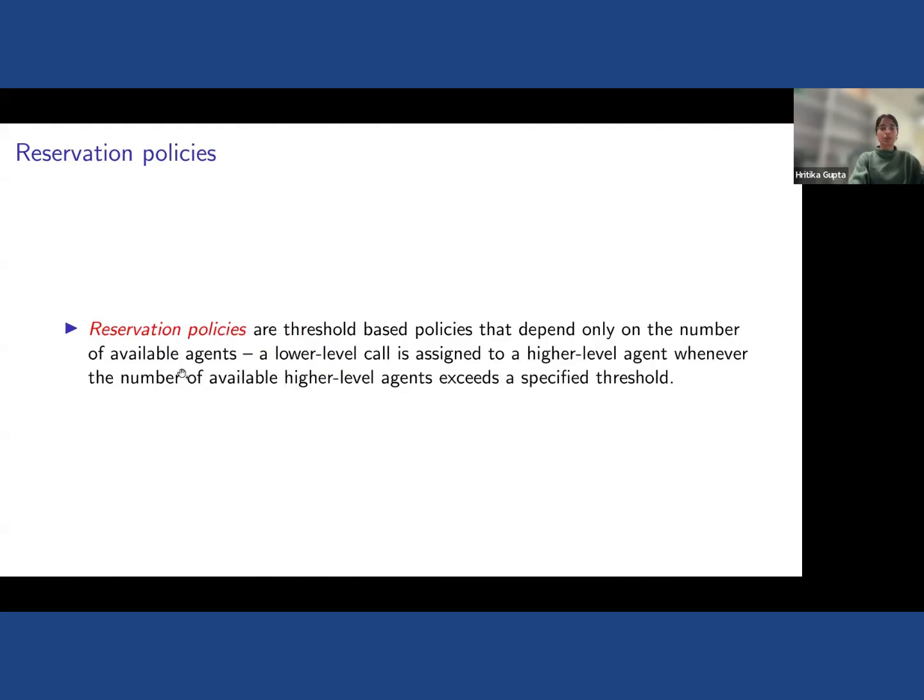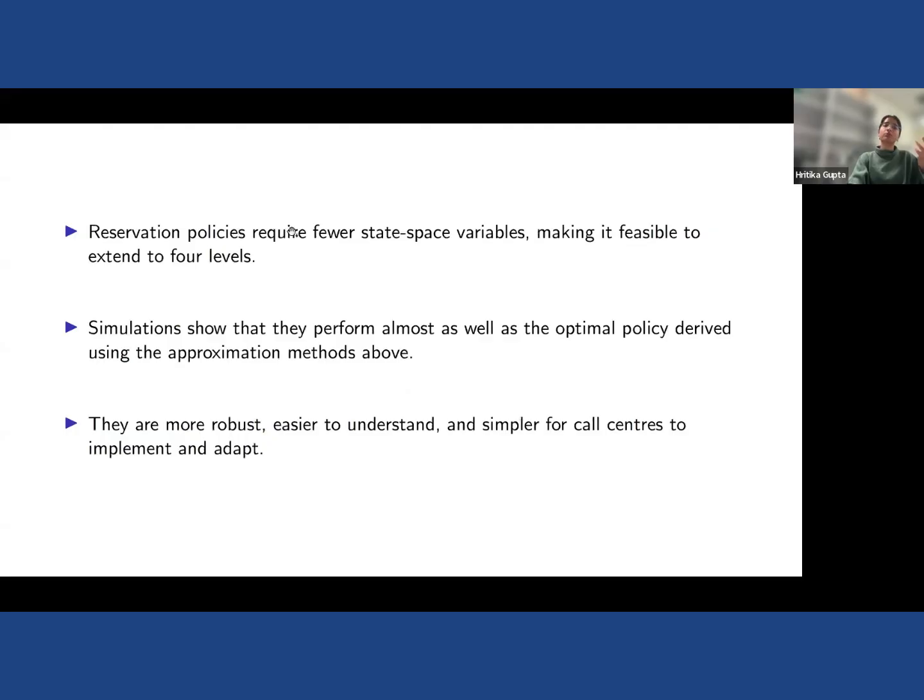I'm not doing this analysis in bi-threshold policies because first, the reservation policies require fewer state space variables and also a smaller action space, making it feasible to extend to 4 levels, which was our original goal. Second, when we performed simulations on the reservation policies and the bi-threshold policies, we saw that they perform almost as well as the optimal policies derived using the approximation methods above.